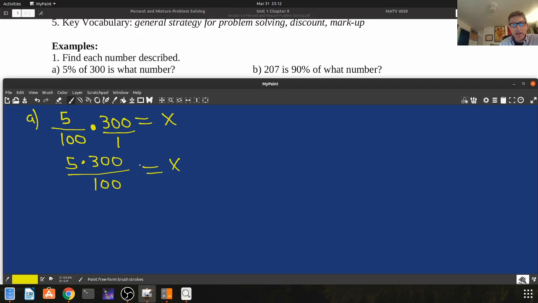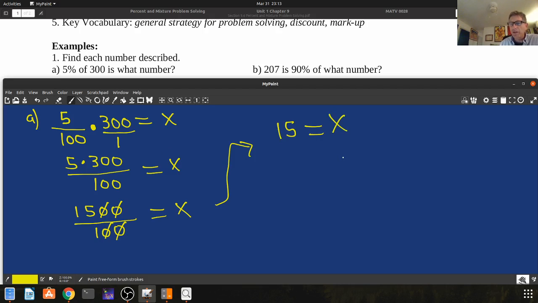But 5 times 300, that is 1,500 divided by 100, and that's equal to x. And whenever we have trailing zeros, we can cross them out. So the answer is that 15 is equal to x. There's a lot of different ways you could have done that one. That's one way.